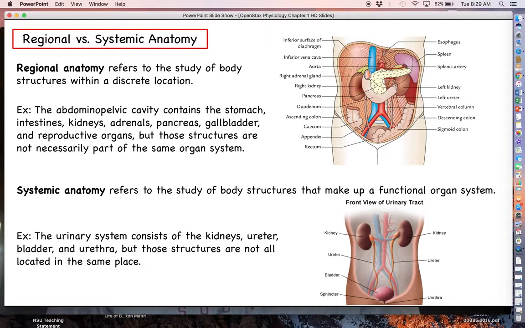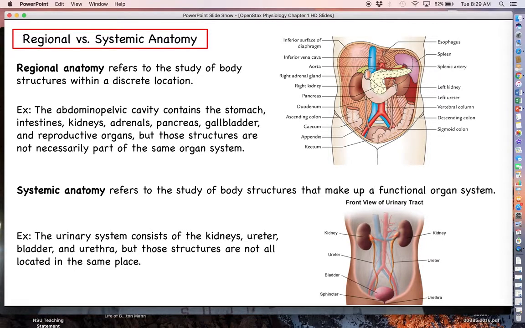As you can tell from the way I've been talking, we are going to tackle things with a systemic approach in this class. We will start with the endocrine system, then move on to the nervous system, then the muscular system, then the cardiovascular system, and then the respiratory, urinary, and so on.